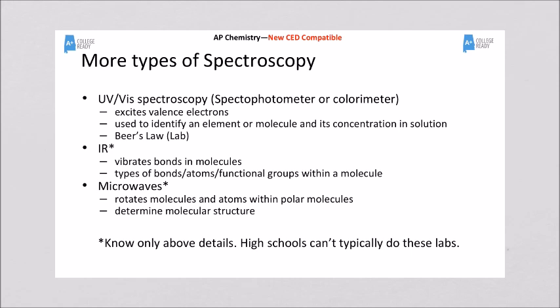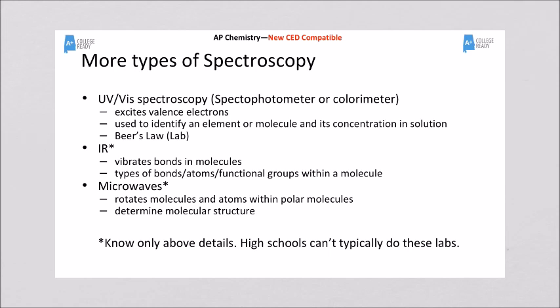And that's how we were able to see how much energy it took to remove those electrons. We could tell their electron configurations. Those were related to ionization energies. So these other three types on this slide are just a continuation of that.